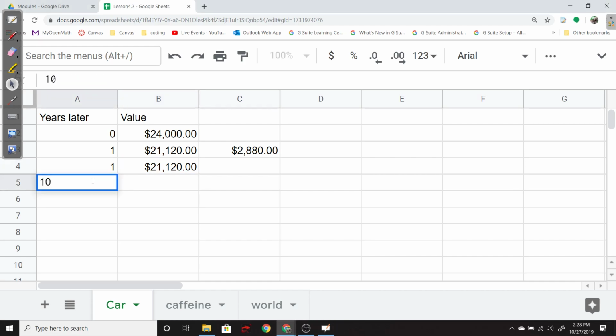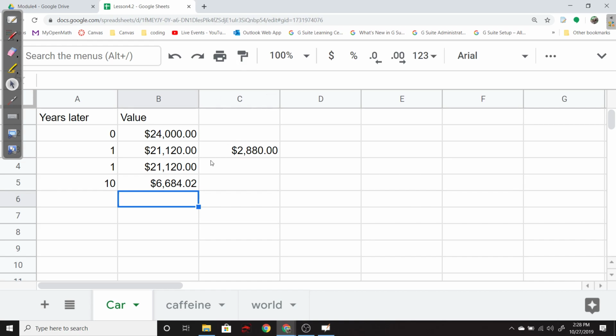So let's jump to 10 years later. So we have our initial 24,000 times 0.88 to the power 10. Not too bad. $6,684.02 would be the rough value of that car.